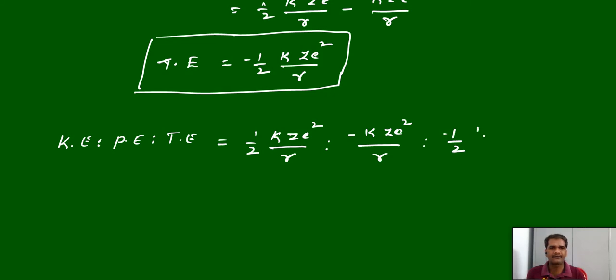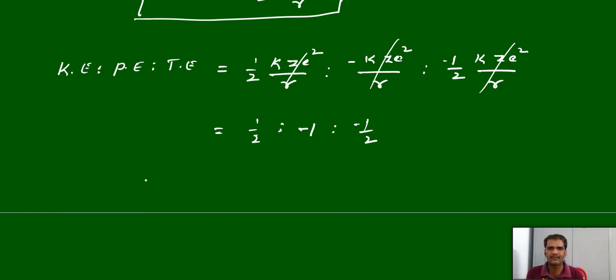Minus 1 by 2 K Z E square by R. From this, K Z E square by R is common everywhere, so they will cancel out. What is left? 1 by 2, minus 1, minus 1 by 2.